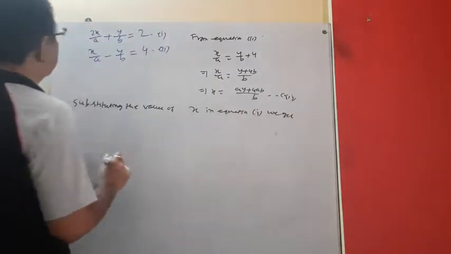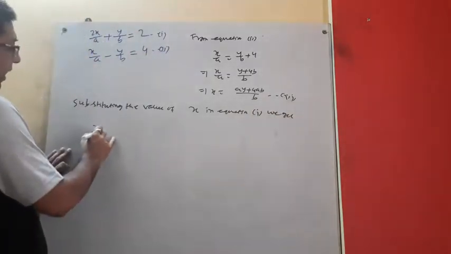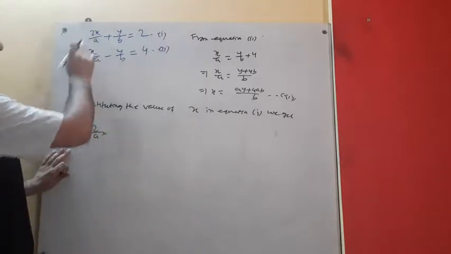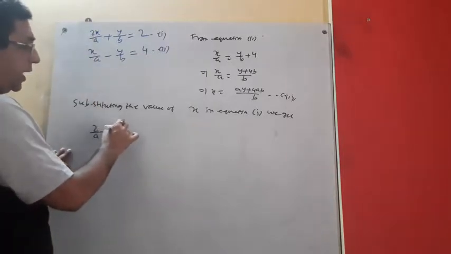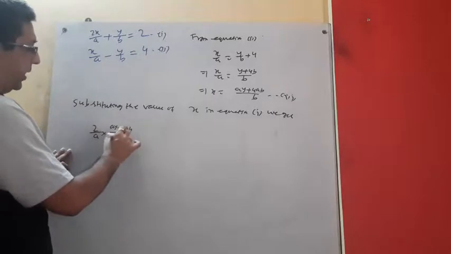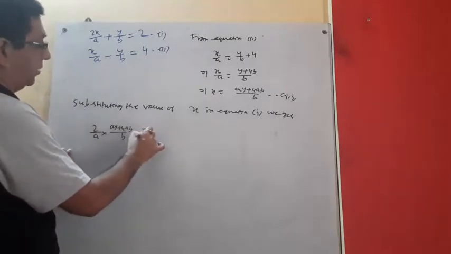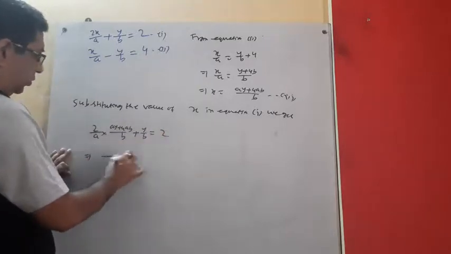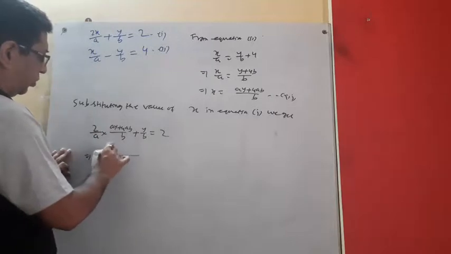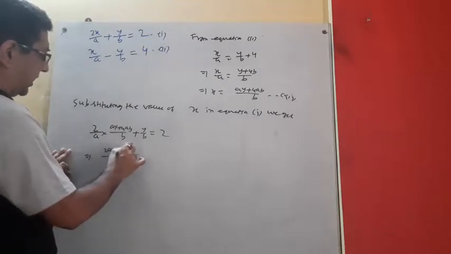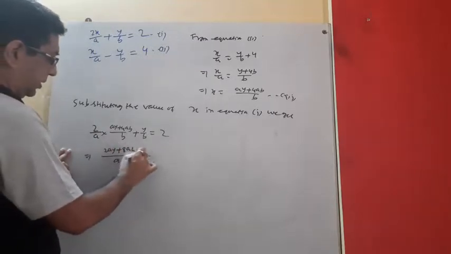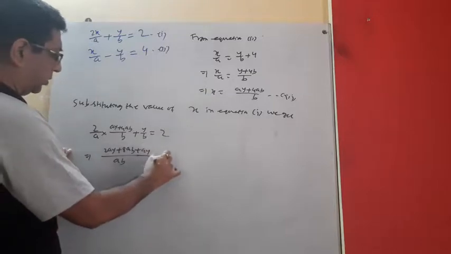We get 2 by a into, what is x? x is ay plus 4ab by b, plus y by b equal to 2. So ab is the LCM, 2ay plus 8ab plus ay equal to 2ab.